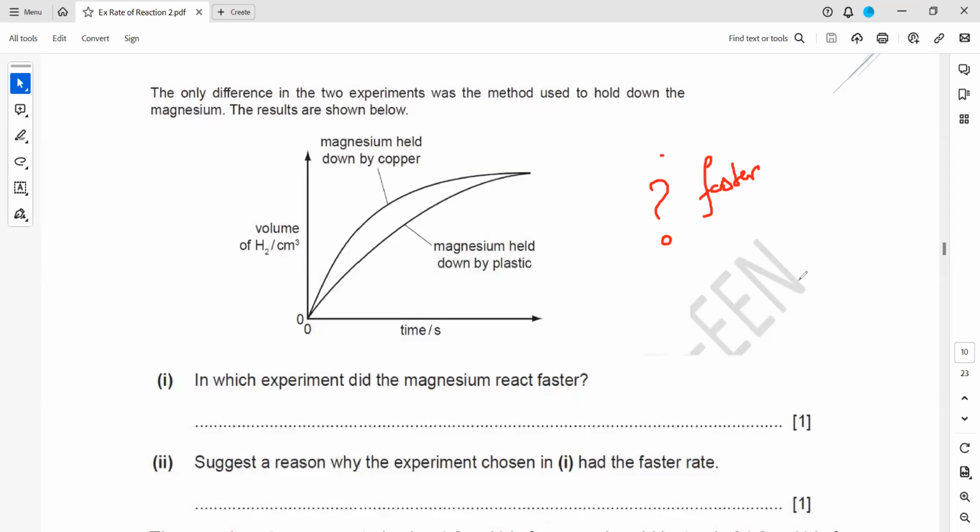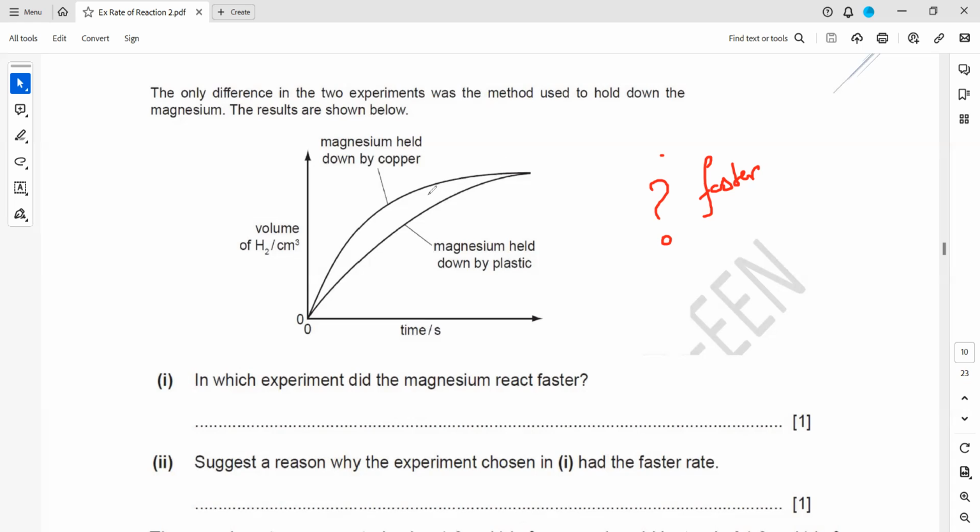The question is, in which experiment is the reaction faster?